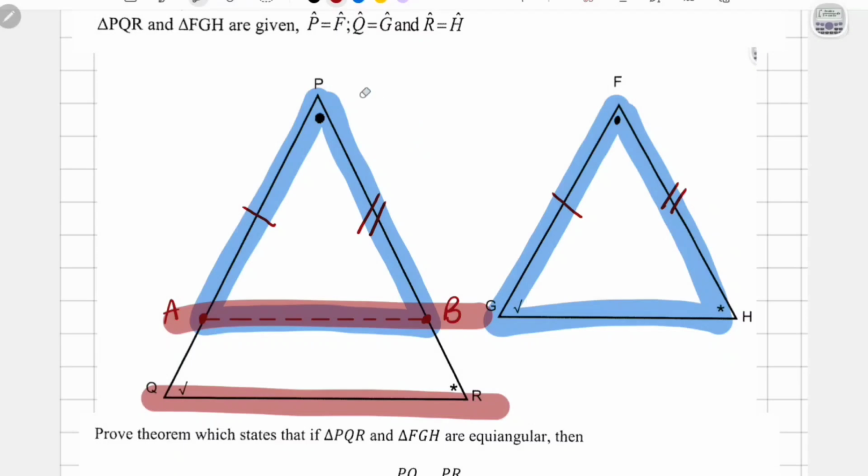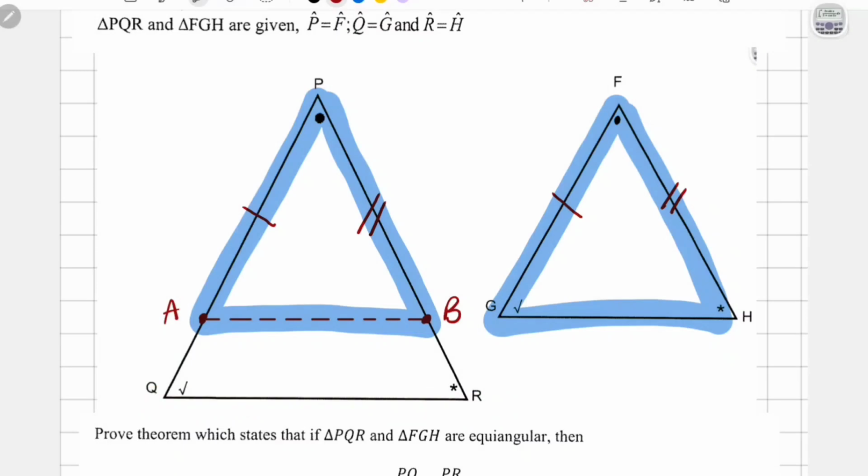That's the only way. Then using, of course, the proportionality theorem, we'll be able to take sides over each other. So we just need to make these two lines parallel. We need to prove that they are parallel. So what we're going to first of all do is prove that these two triangles are actually congruent.